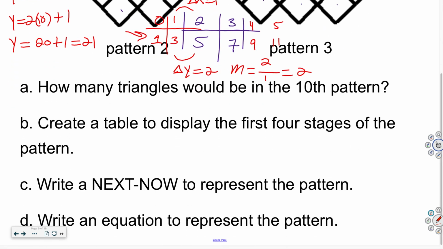Okay, our next is going to be next equals now plus 2, starting at 1, and the equation we already have at the top, y equals 2x plus 1. And we can do the table here, there's enough space for it. So x and y really represent stages, and you can call them diamonds.